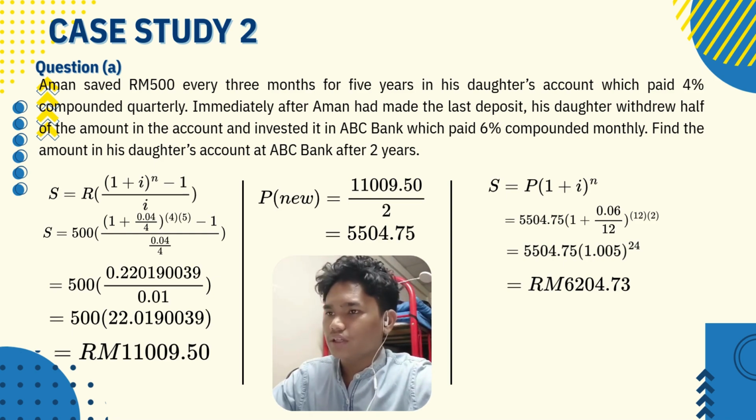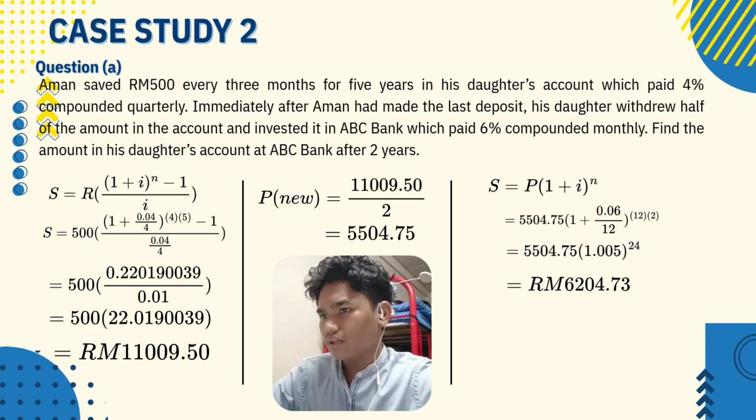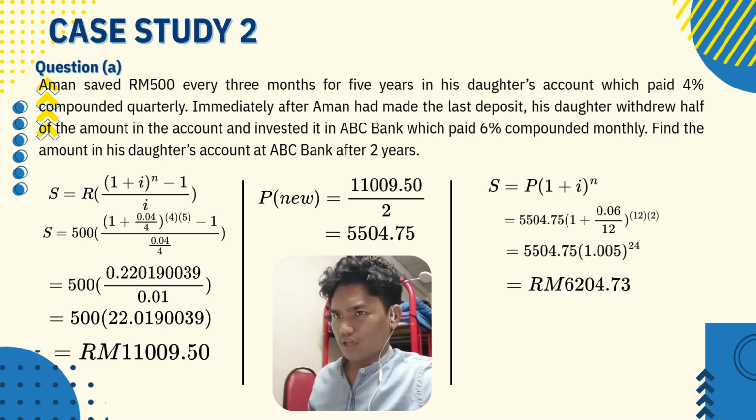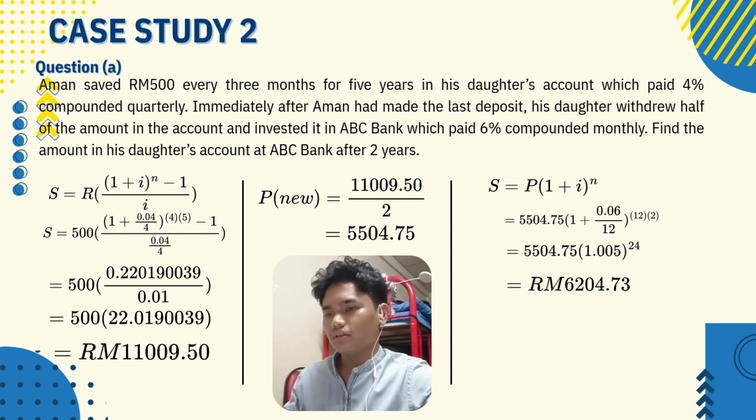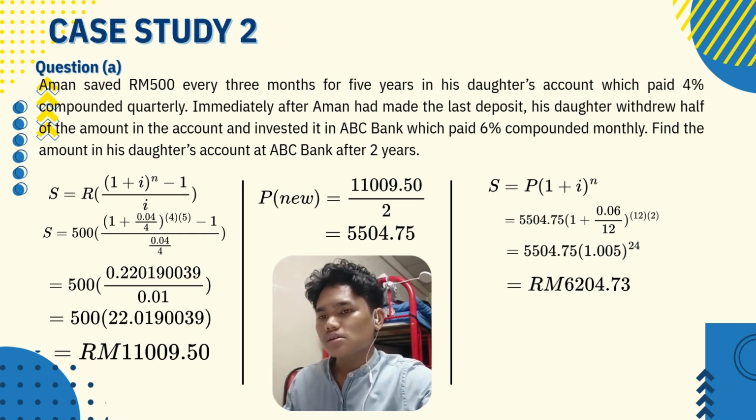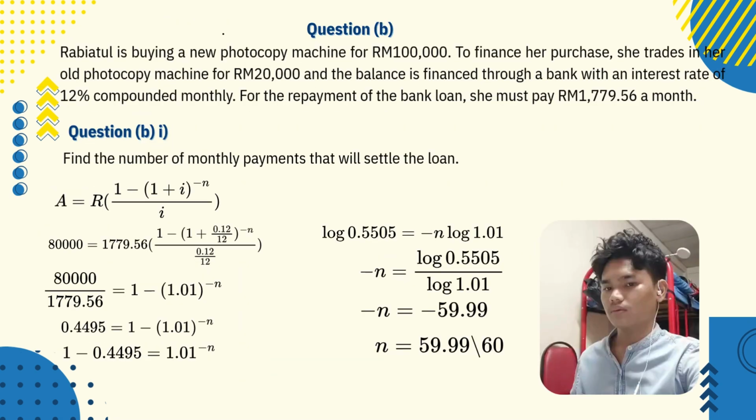After that, we use the new calculation and divide by 2, and the answer is 5,504 ringgit and 75 cents. And next, we use S equals P(1 + i)^n, and the final answer will be 9,204 ringgit and 73 cents.